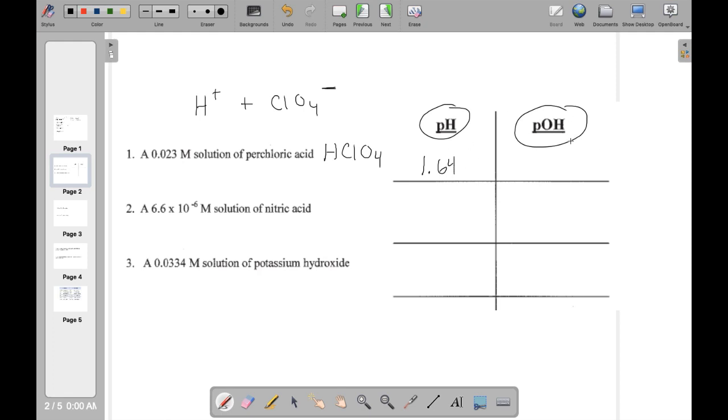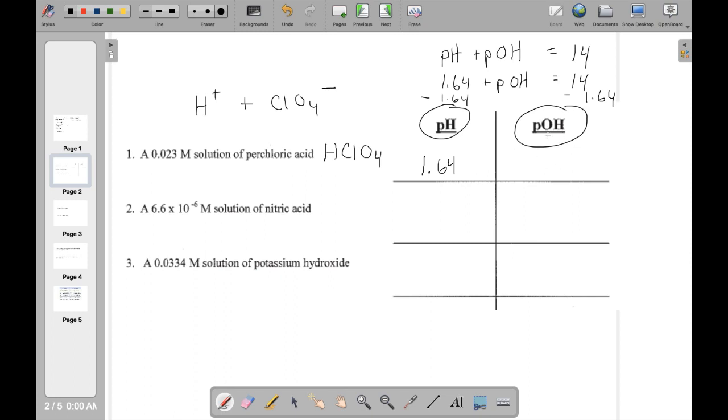Now, how do I find the pOH? I go back to my calculation. pH plus pOH equals 14. So 1.64 plus pOH equals 14. So I'll subtract 1.64 from both sides. 14 minus 1.64 equals about 12.4.